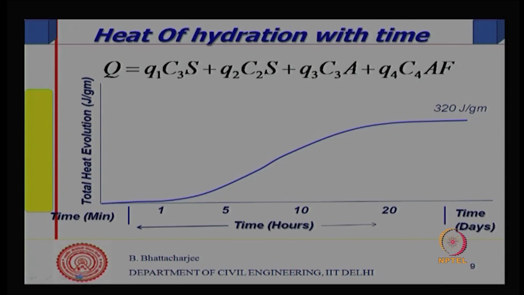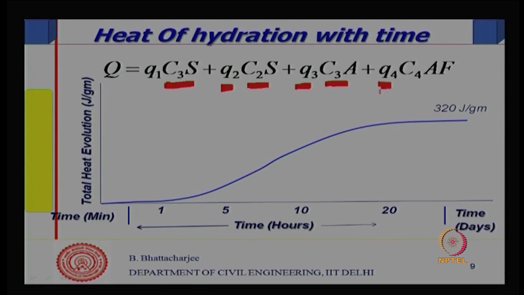Total heat you can find out from Q1, which is the heat of hydration of C3S multiplied by the amount of C3S. Q2 is the heat of hydration of C2S multiplied by the quantity of C2S per unit mass. Q3 is the heat of evolution of C3A and the amount of C3A per unit mass in the cement.